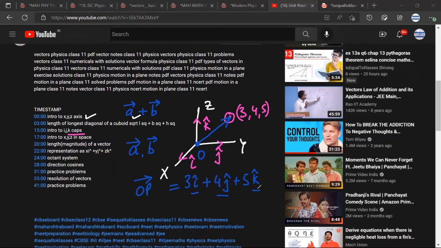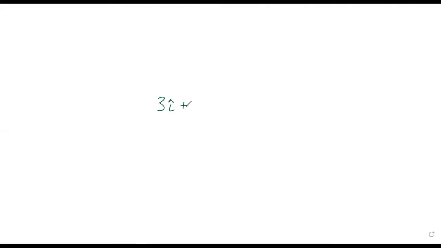Have you understood my doubt? Yes, sir. The point is, this 3i plus 4j plus 5k vector I can write in shorthand as A vector. Are we clear about this? It is just a way of writing it; rather than writing the full expression, I can just write A vector. Are we clear, Avantika?